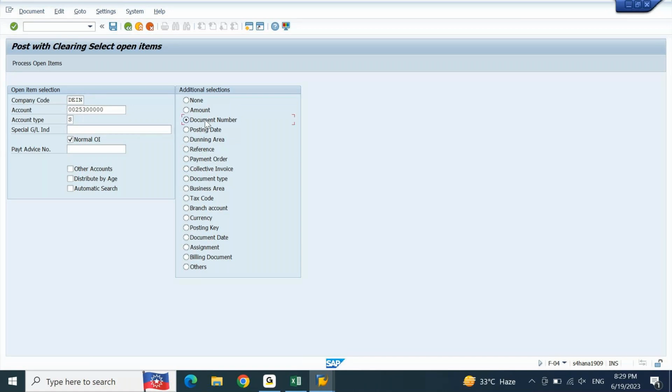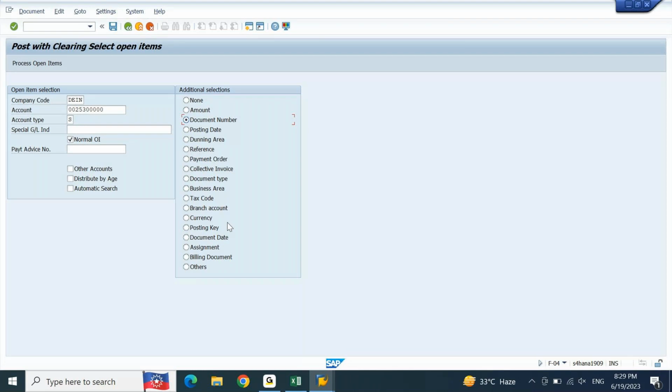These three are the most commonly used criteria or parameters for performing any clearing. The remaining ones we will be using, but very rarely. Document number, reference, assignment are the most commonly used.